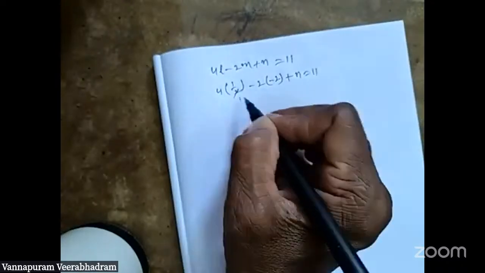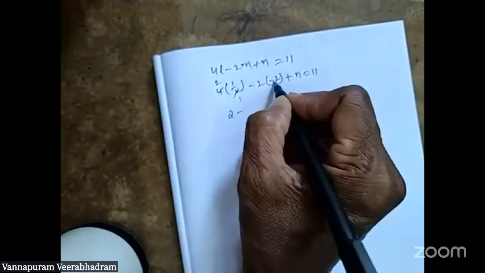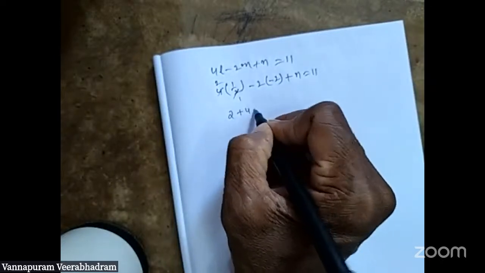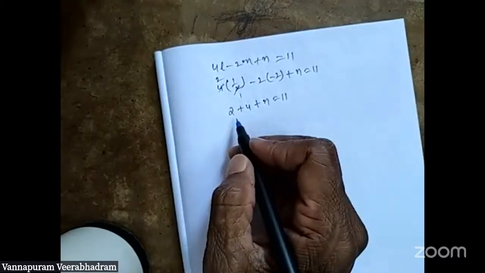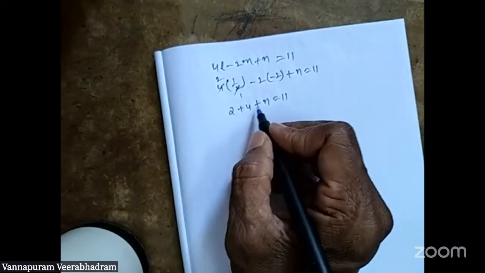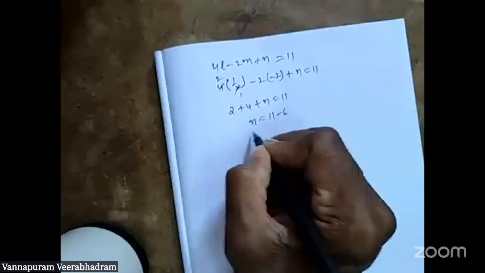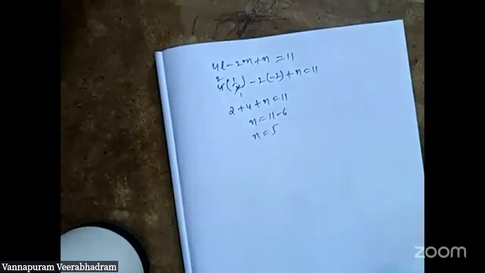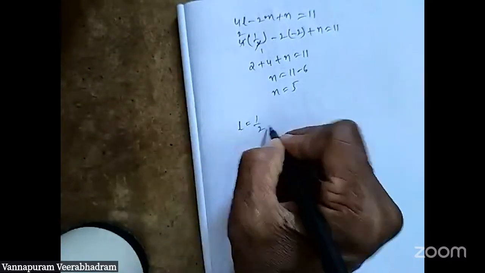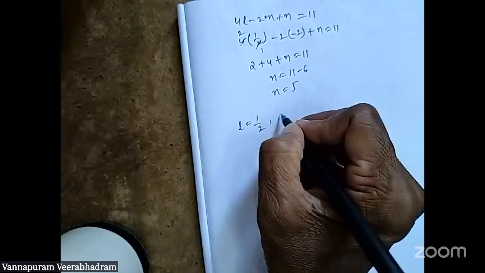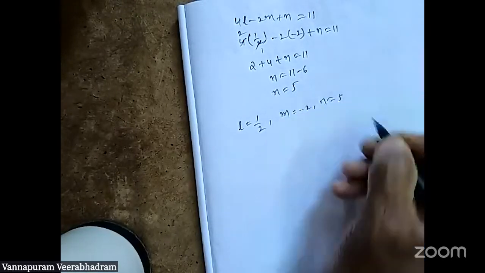So here 2 ones are 2, minus into minus plus, that is 4, plus n equal to 11. So 2 plus 4, 6, take to right side, we will get n equal to 11 minus 6, that is n equal to 5. So therefore we have the values L equal to 1 by 2, m equal to minus 2 and n equal to 5.